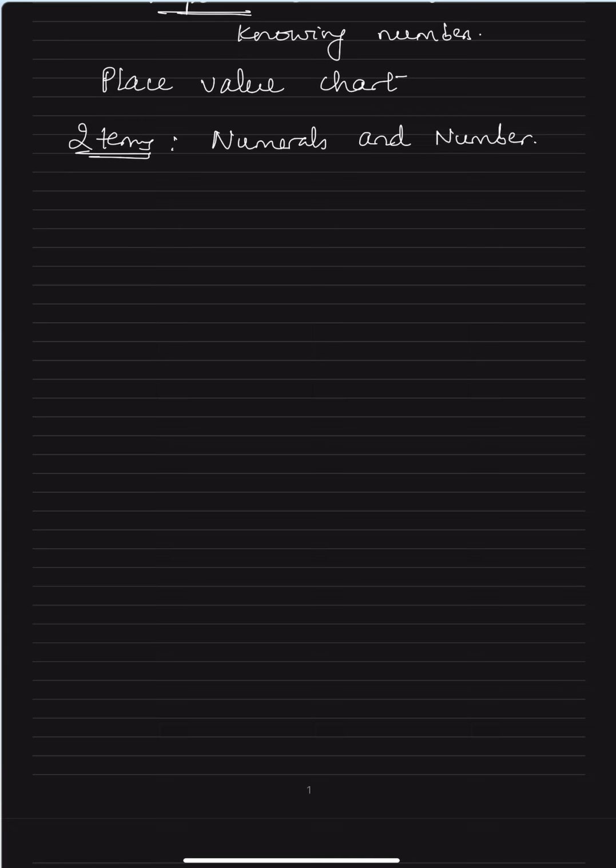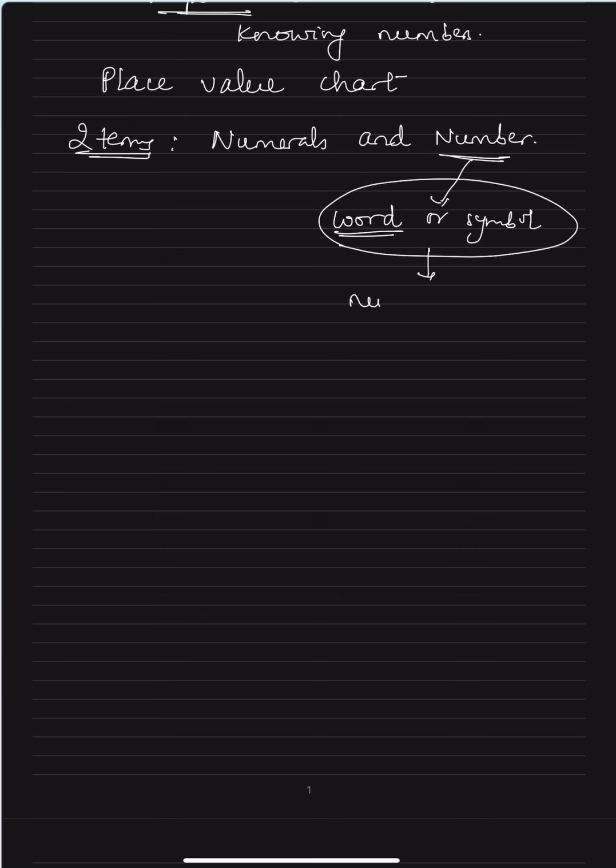See, if I say number 5, this number 5 is in your mind, but how are you going to show me? Either you will write it in word form or symbol form. This representation is nothing but a numeral. Suppose I am having a basket in which I've got 4 apples.